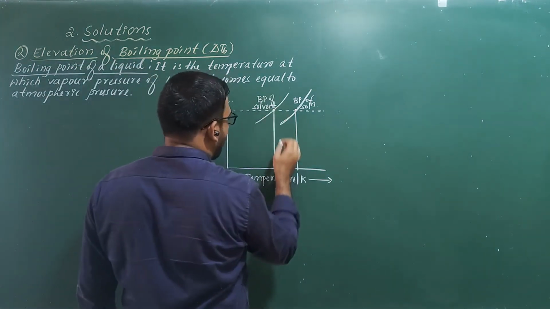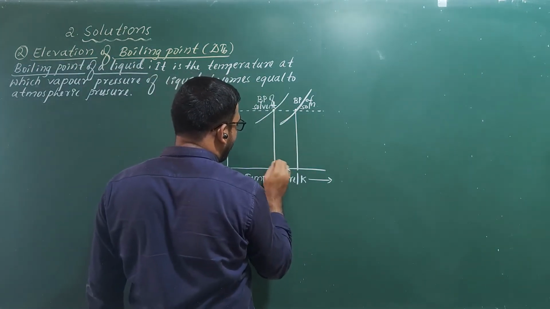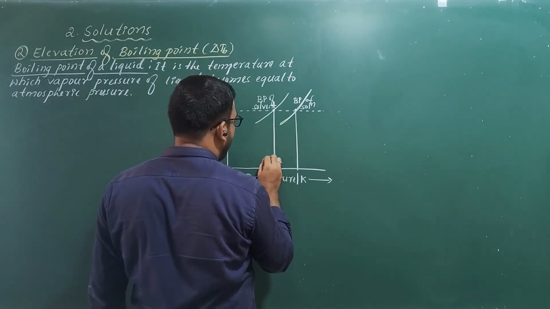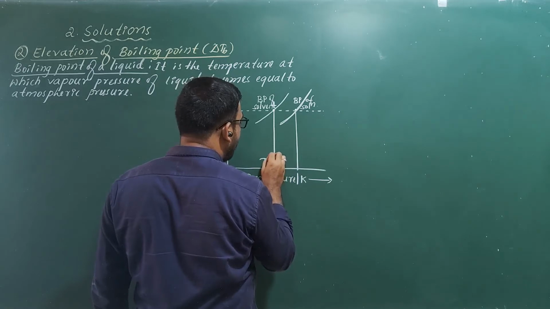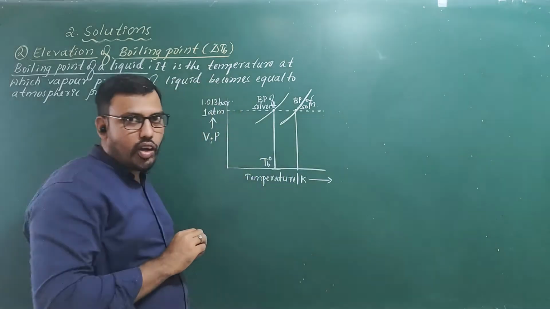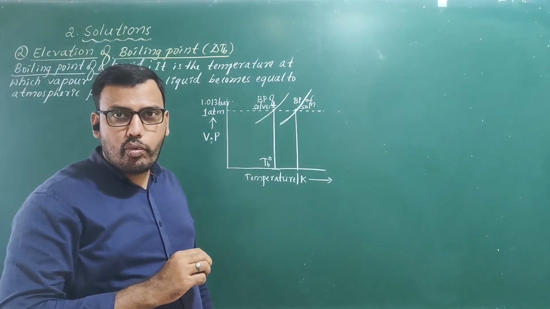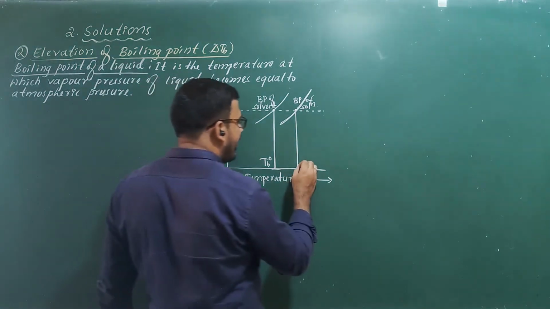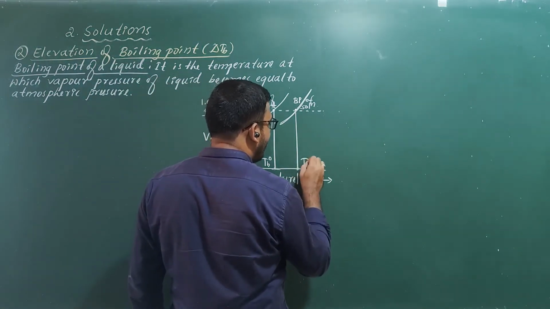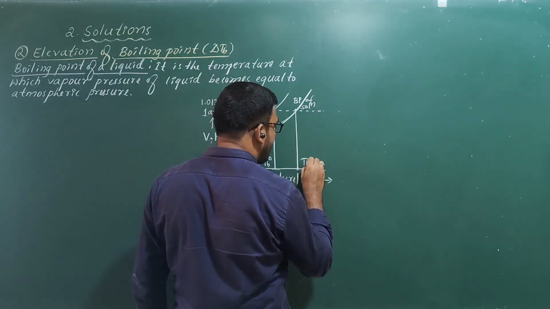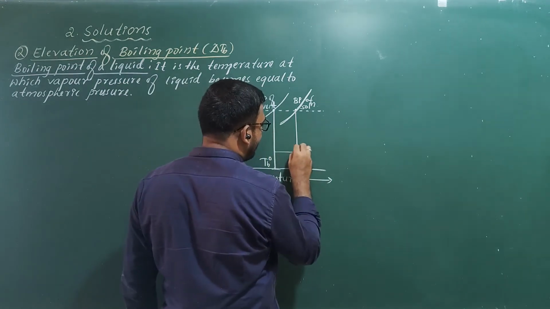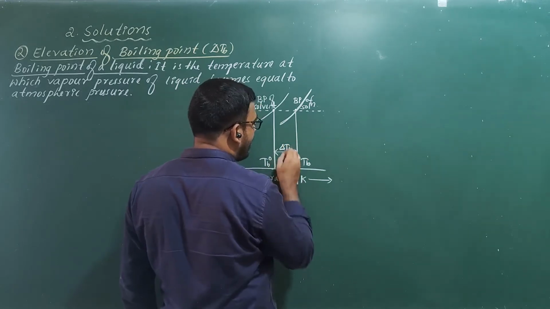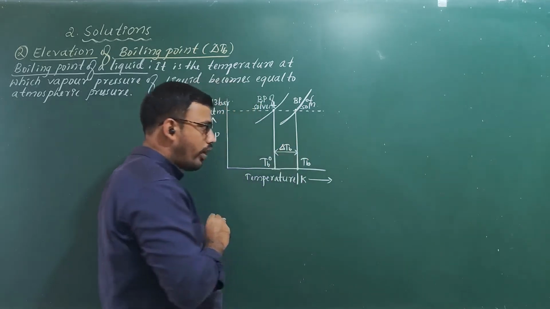The boiling point of solvent is represented as TB naught, boiling point of pure solvent. And this point is the boiling point of solution, say TB. This difference is called delta TB, that is our elevation of boiling point.